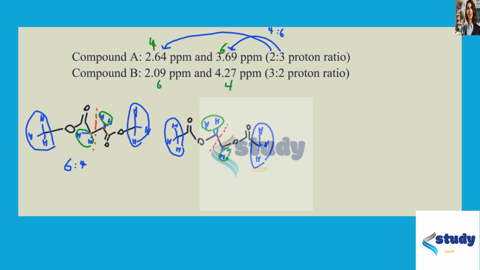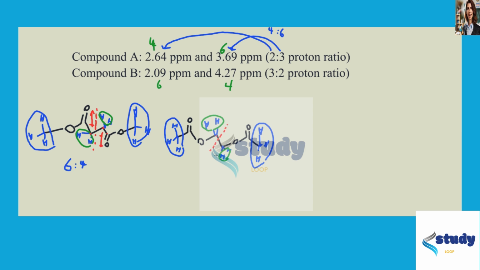Same with this on the left. So yes, we do have 2 carbons directly bound to it, but one of them is a carbonyl carbon, so there is some sort of electron density pulling effect that can deshield these protons to some extent.